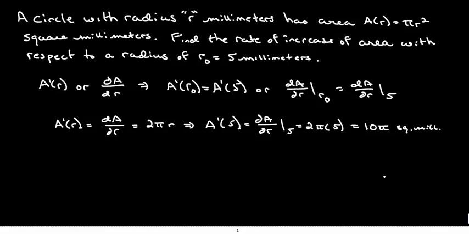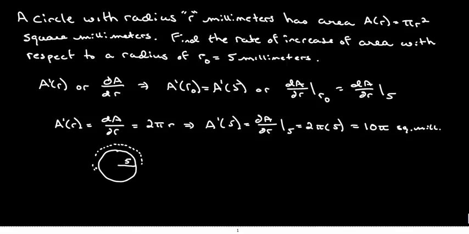Now what does that mean? That means geometrically that if we took a circle where the radius was 5, just like that, that's the rate of change of the area inside.